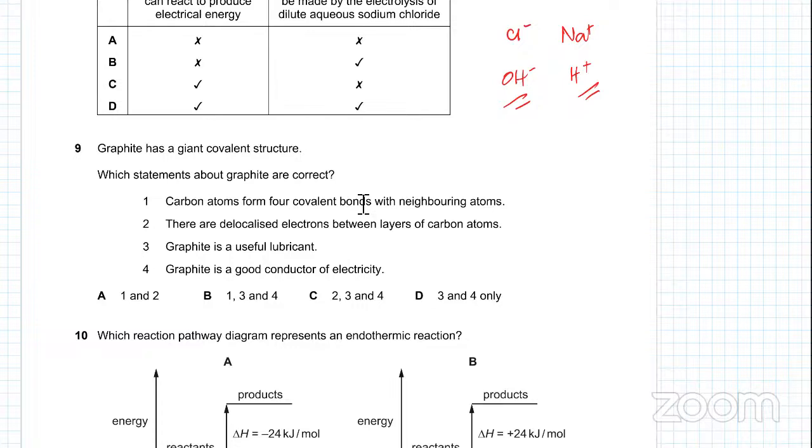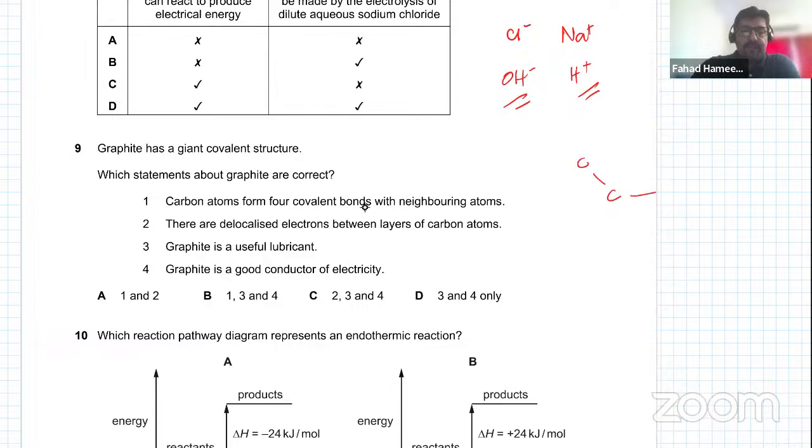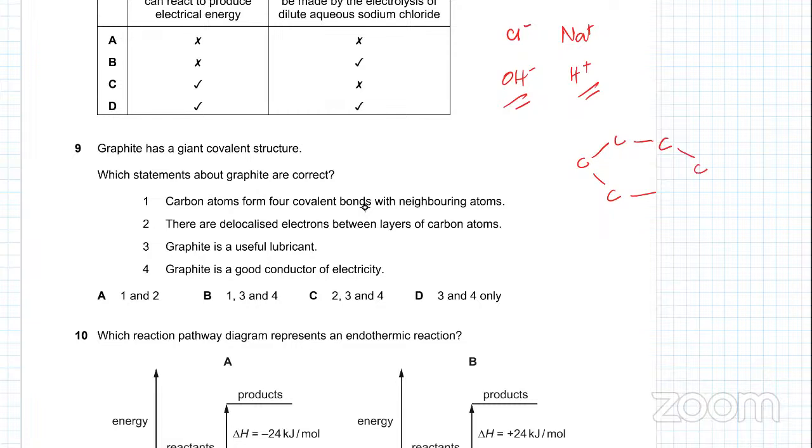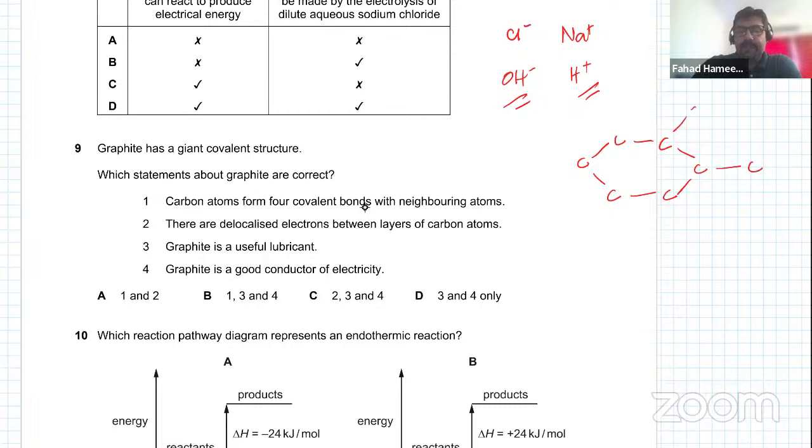In graphite, it forms a hexagonal layered structure. One carbon has four electrons, but one of the electrons is not bonding, so it's conducting electricity.